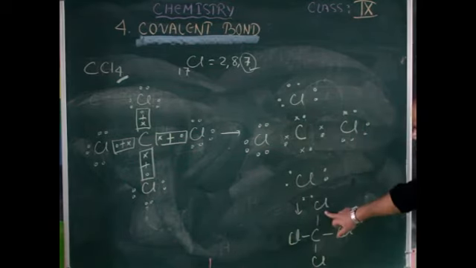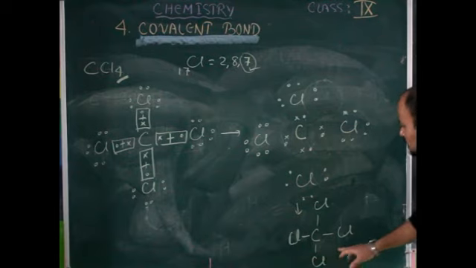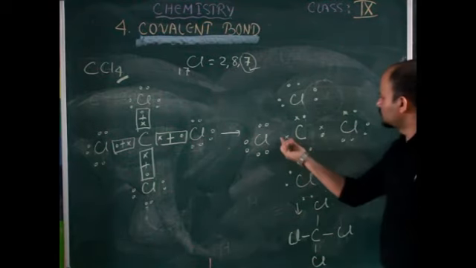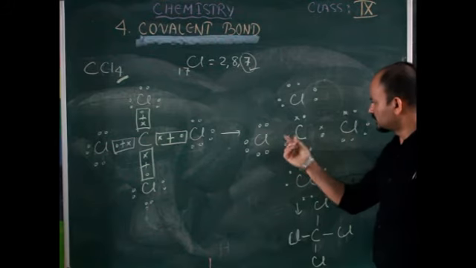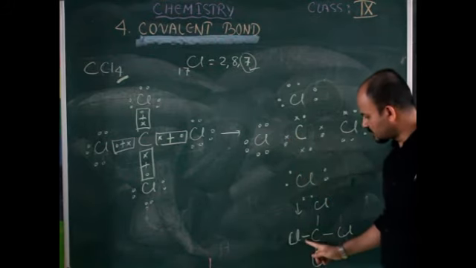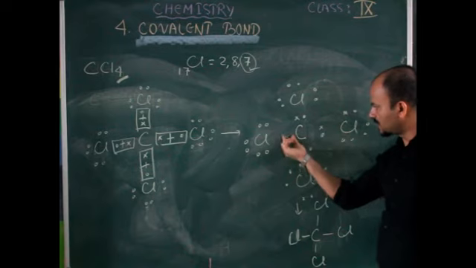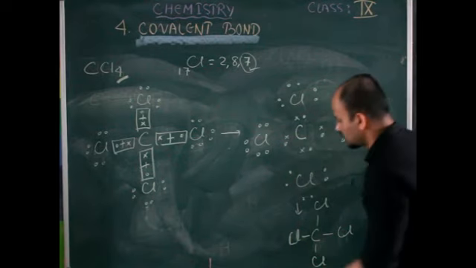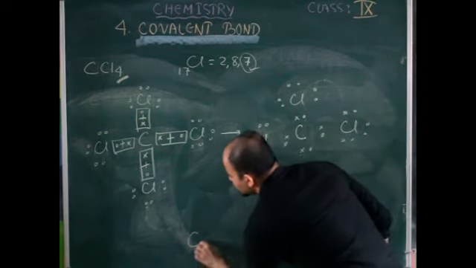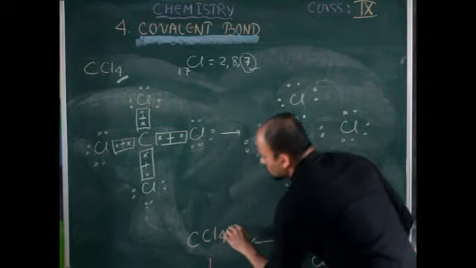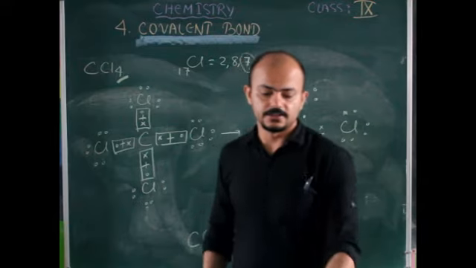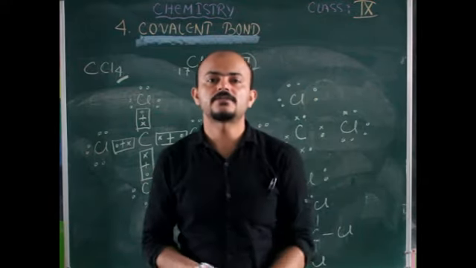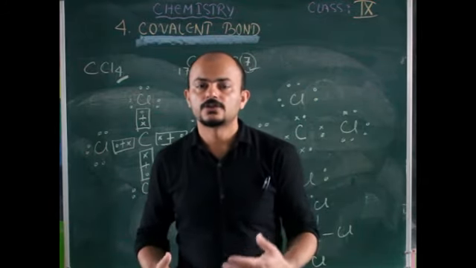Now these bonds are a result of these combined electrons. Now this can be written as CCl4. So this is how you draw the electron dot structure and the atomic orbit structure of different covalent compounds.